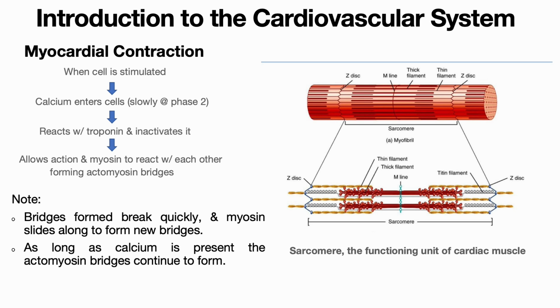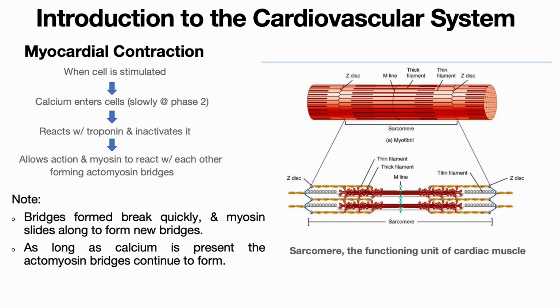The contraction process requires energy and oxygen for the chemical reaction that allows the formation of the actomyosin bridges, and calcium to allow the bridge formation. The more calcium present, the more bridges will be formed, which means that the strength of the contraction is determined by the amount of calcium present.